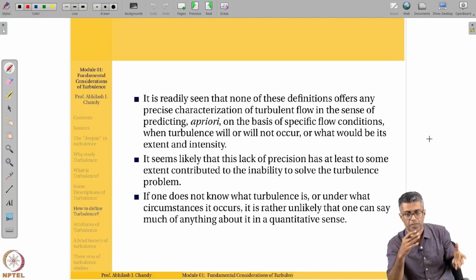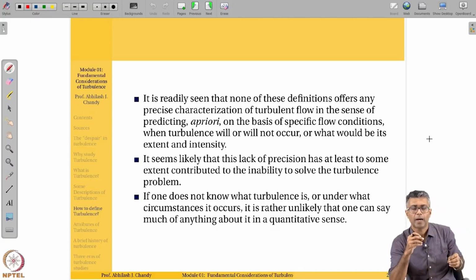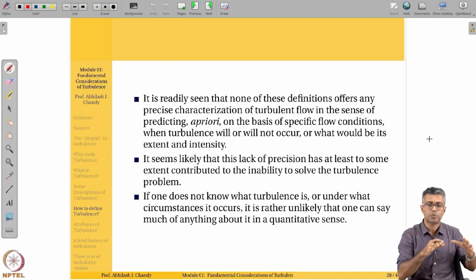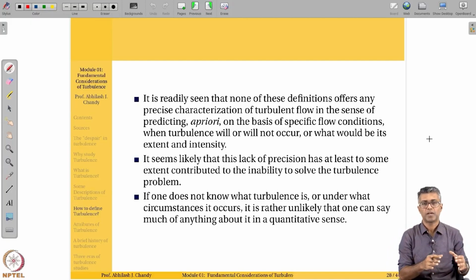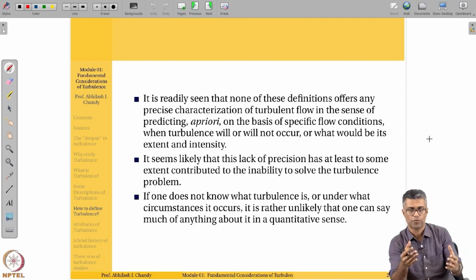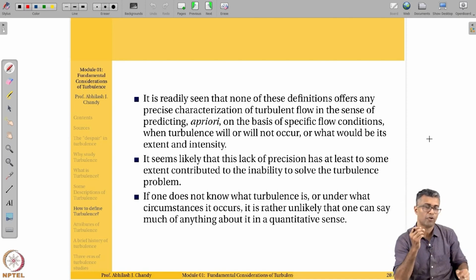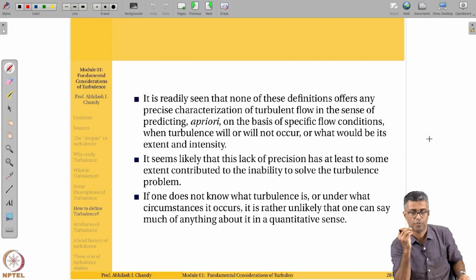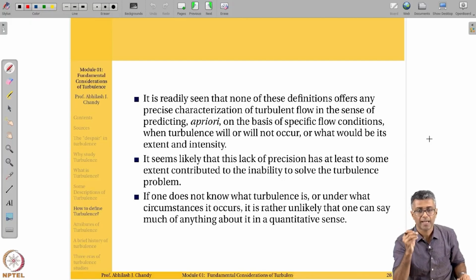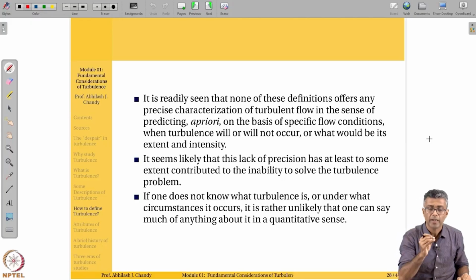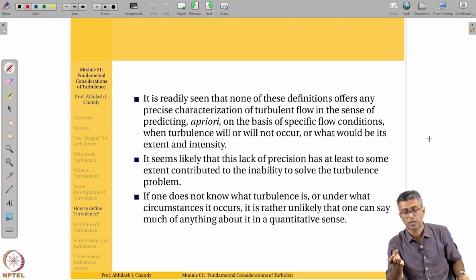All these definitions are providing is that based on specific flow conditions, they are describing what the flow is. They might not be offering a precise definition of turbulence. So in that sense, the definition is not telling us when turbulence will or will not occur and to what extent and what intensity.